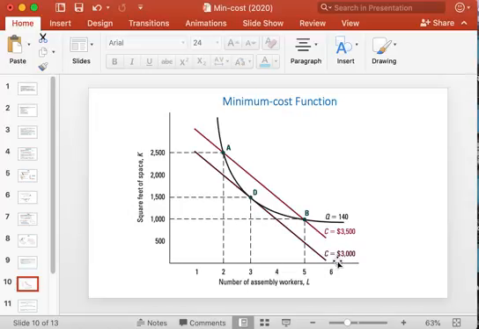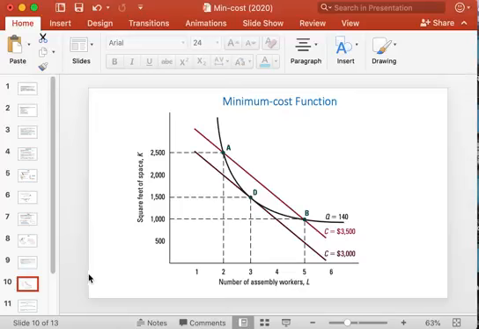The total cost for these two points, point A and point B, is $3,500, which is greater than point D, for which the total cost is $3,000 only.